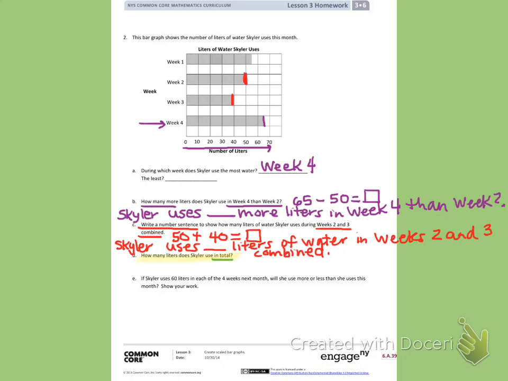That means how many does he use in all of the weeks together? So let's take a look at week 1. Week 1 is in between the 50 and the 60, so we'll call that 55.